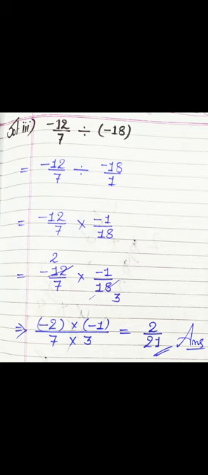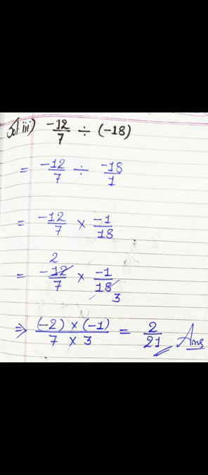Again, 12 and 18 are both divisible by 6, like 6 times 2 is 12 and 6 times 3 is 18. After simplifying, in the numerator we get minus 2 into minus 1, and in the denominator 7 into 3. When we multiply this, we get 2 upon 21, which is our final answer.